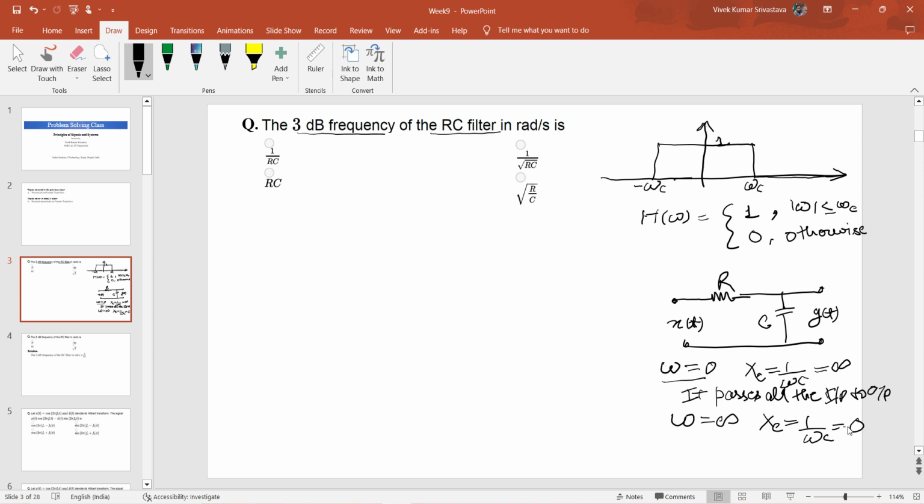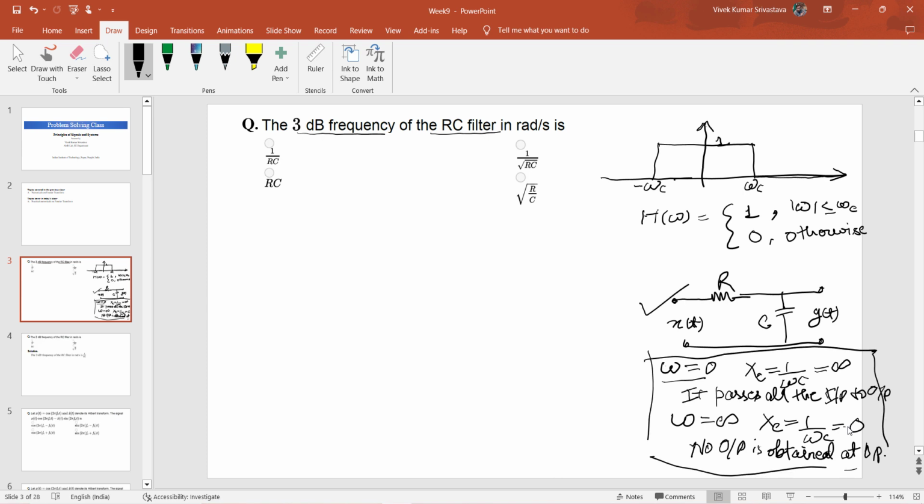So whatever input you apply at the input side of this RC circuit, you will not get any output, because the capacitor acts as a short. From here we can conclude that this circuit is nothing but a low pass RC filter.